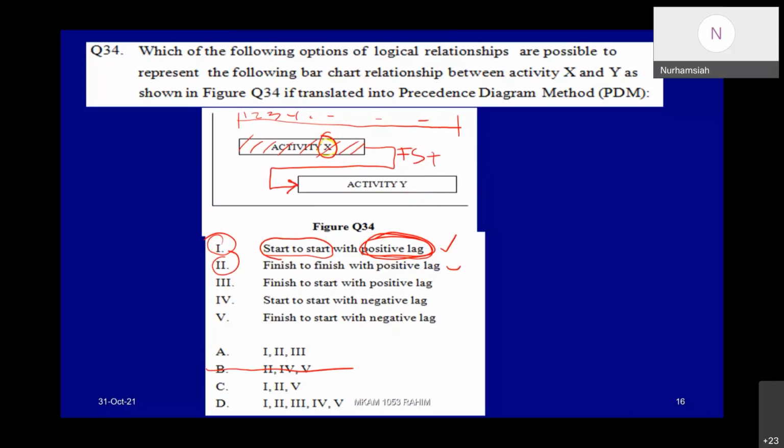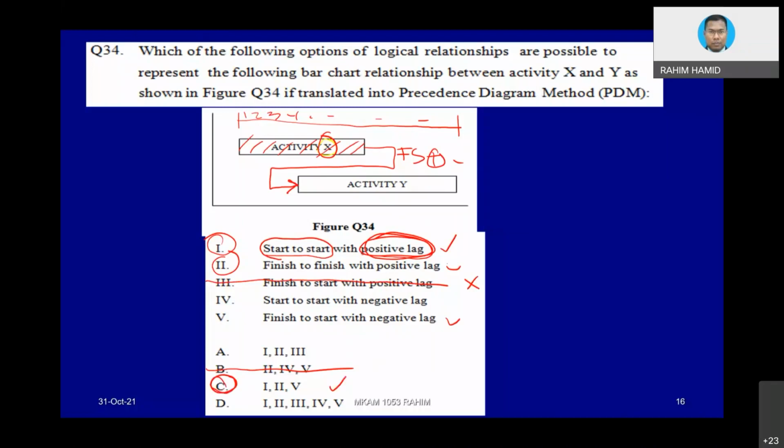No, it is not possible, because activity Y is in advance, it does not delay the starting of Y. So by right, negative is the correct one. So basically 3 is out, and the negative one is correct. So we know the answer is 1, 2, 5, C. That would be the right answer. This one is not possible.